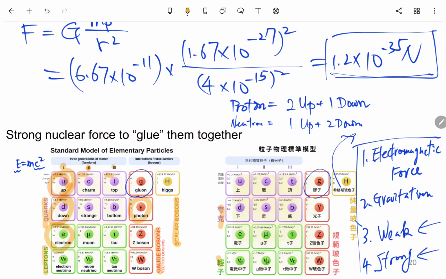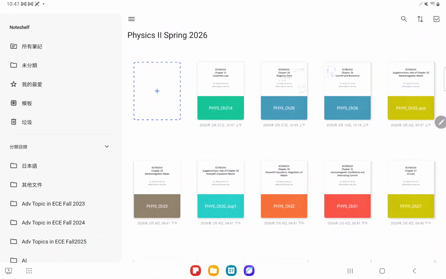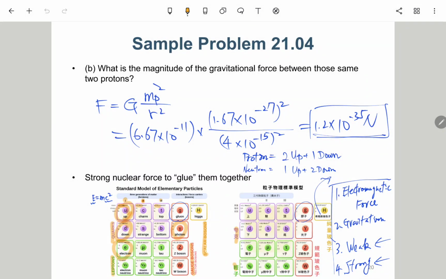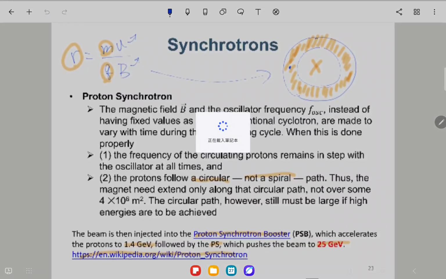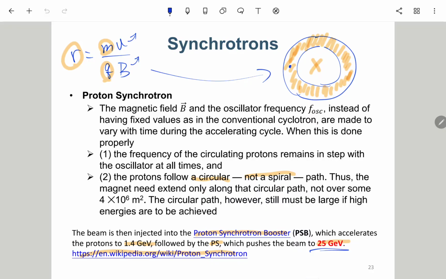So outside of this standard model, there is still quite a lot of mass that we cannot explain. So maybe we need a higher energy particle accelerator, to find or to fix the standard model of particles. So that's why we need the particle accelerator.